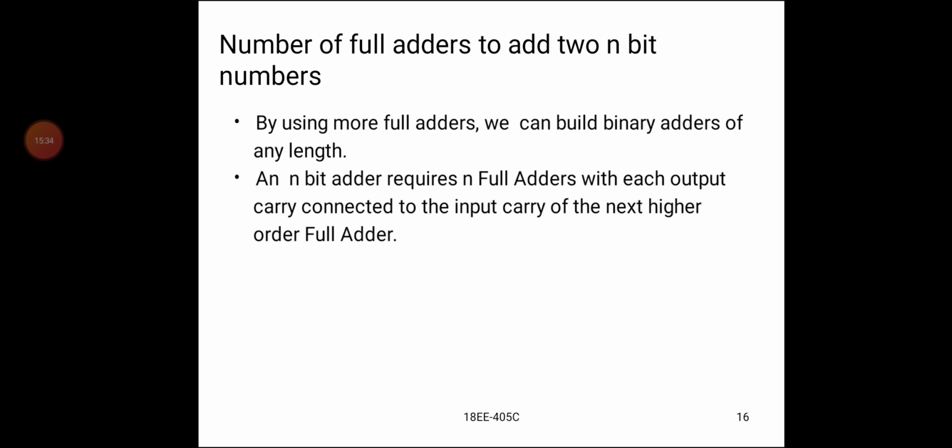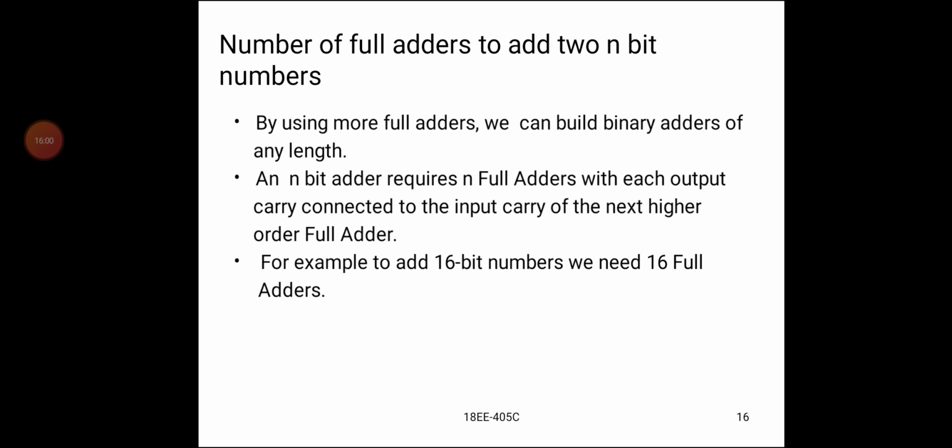An n-bit adder requires n full adders, with each output carry connected to the input carry of the next higher order full adder. For example, to add 16-bit numbers, we need 16 full adders.